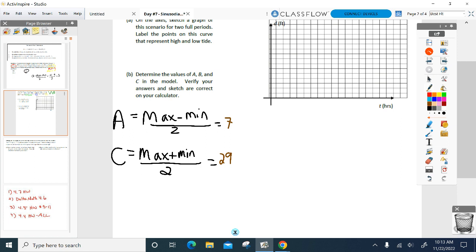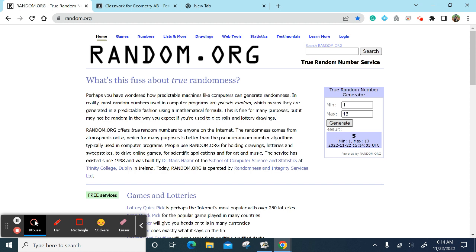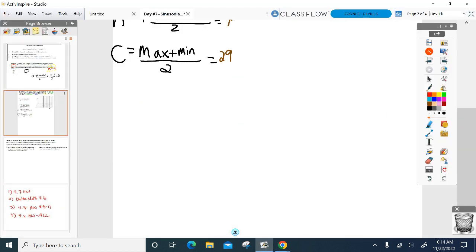And B value. What formula have we been using that contains B, frequency? P equals 2 pi over B. We've already said above, the period is 12. High tide to high tide is 1 period.